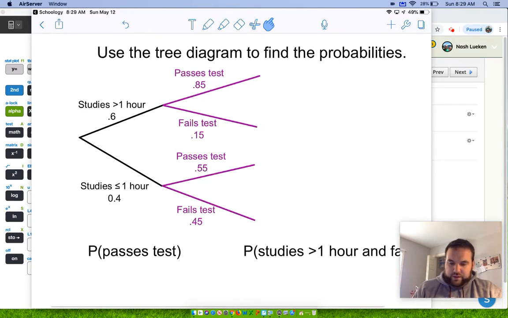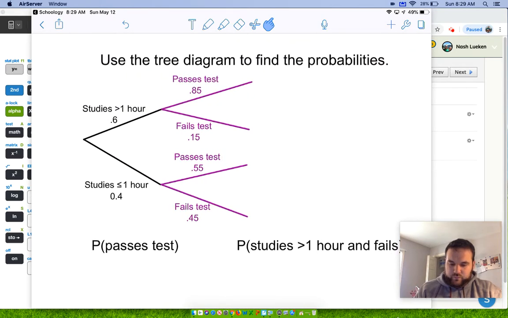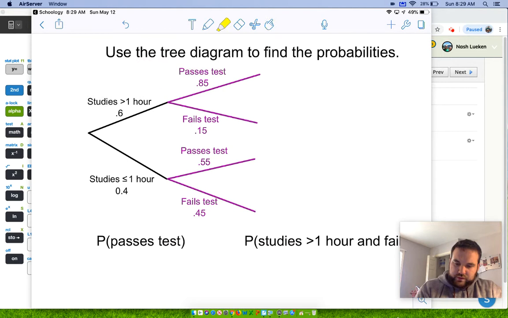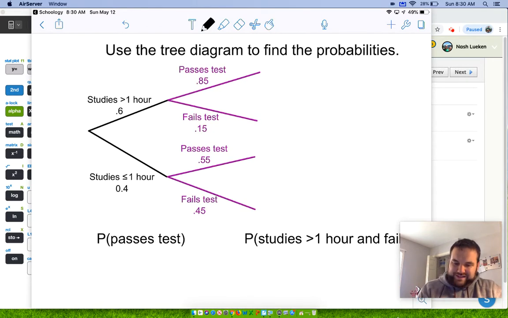Here's an already filled out tree diagram. So it looks like the first thing is if you study greater than 1 hour versus if you study less than an hour. And then do you pass or do you fail the test? Okay. So find the probability that a student passes the test.